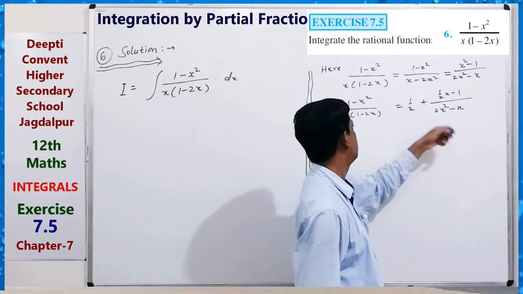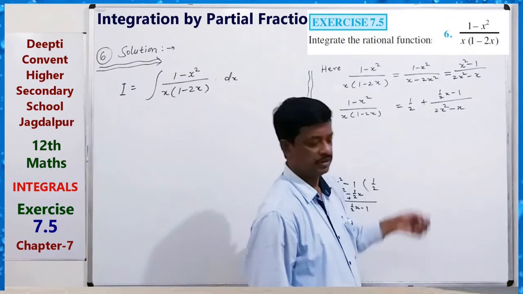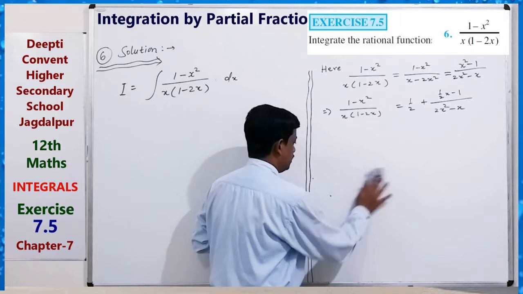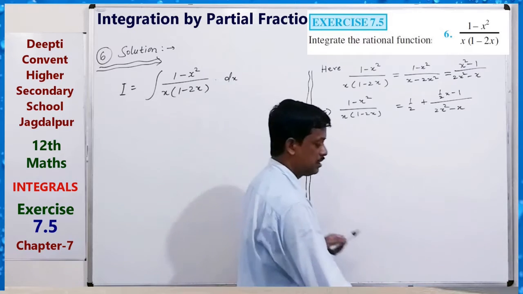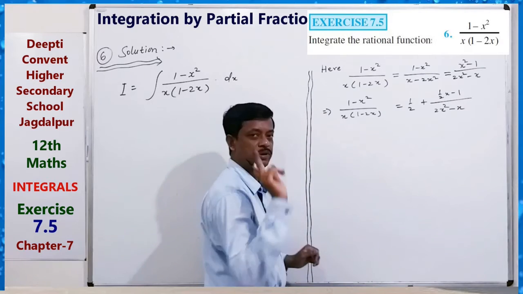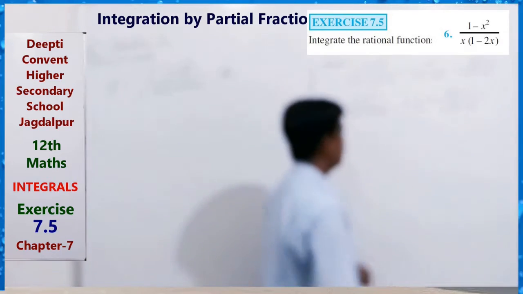Linear upon second degree. You can factorize it. Just after division, we see some constant plus a proper fraction. So you have to partially fraction this part only.